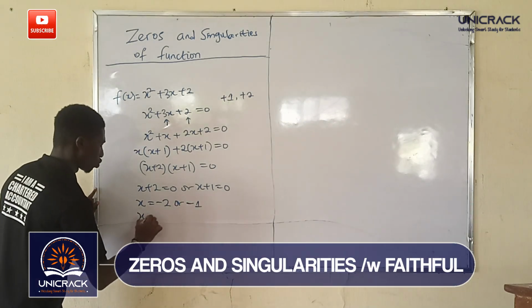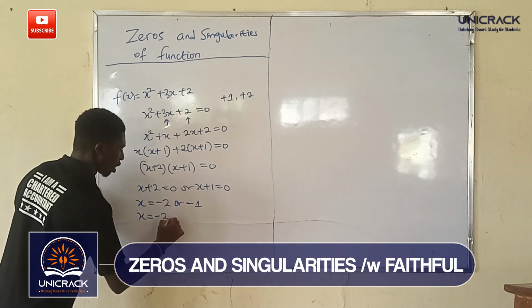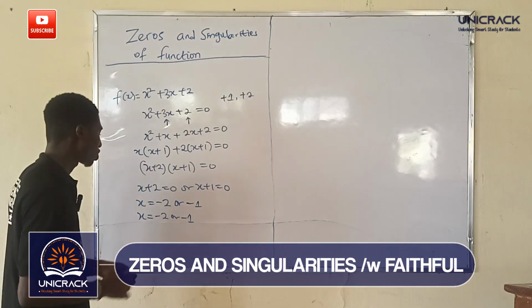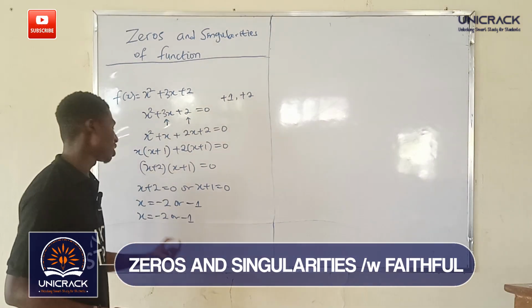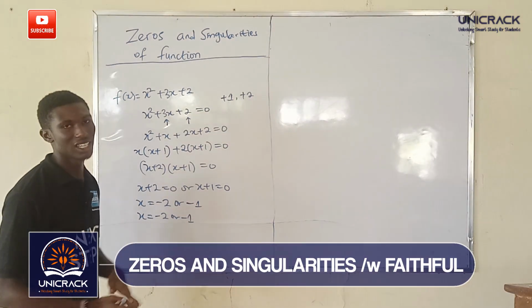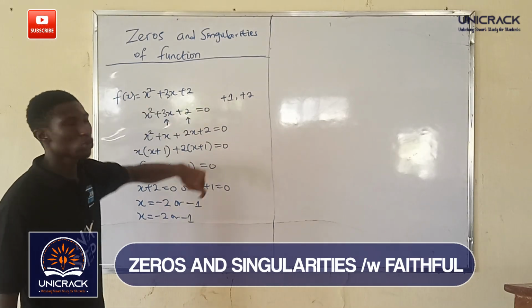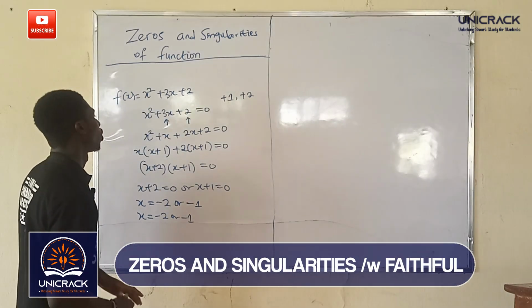And therefore, x will be equal to negative 2 or negative 1. Now, the zeros of the function is not negative 2 or negative 1, but negative 2 and negative 1. So the zeros of this function are negative 2 and negative 1.